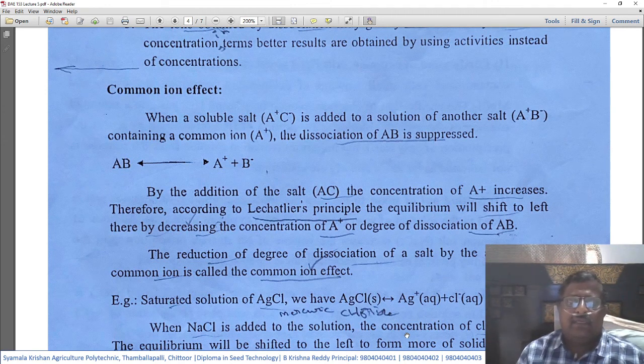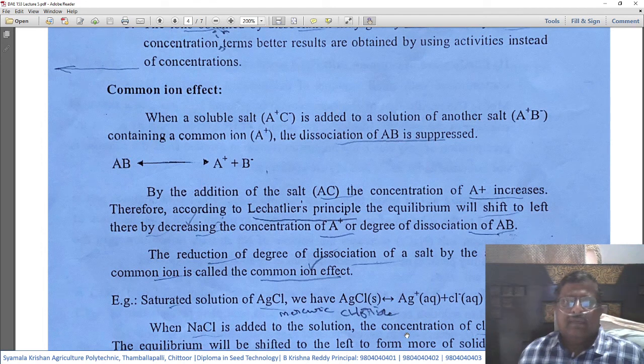So here you take one soluble salt, that is AC, that is A plus and C minus. That means a solute AC which will get dissociated into A plus and C minus is added to another solute AB. That means both the solutes or the salts which are getting dissolved will have the common ion A plus.